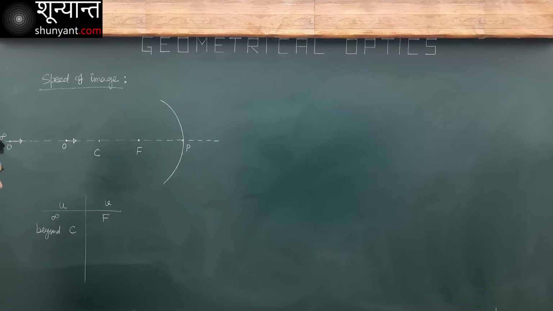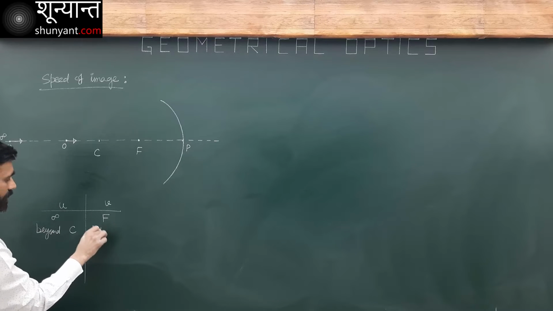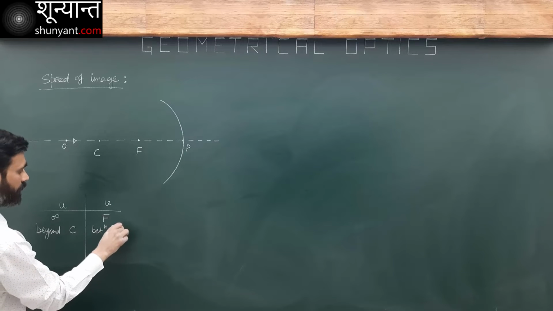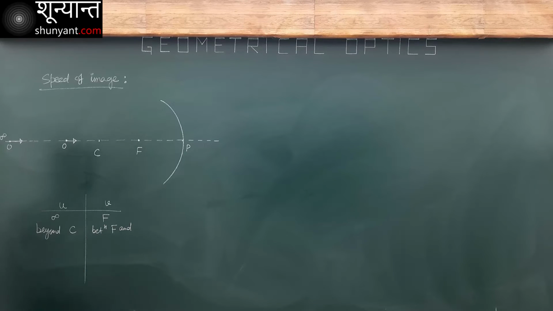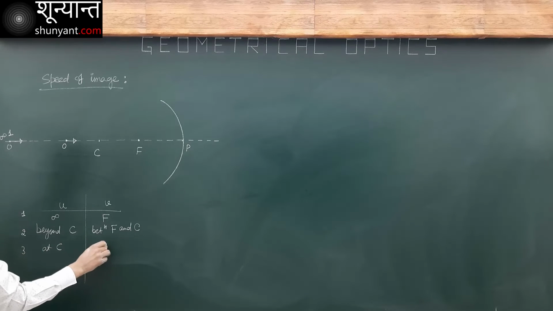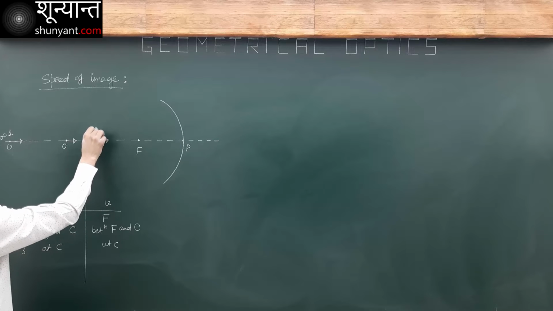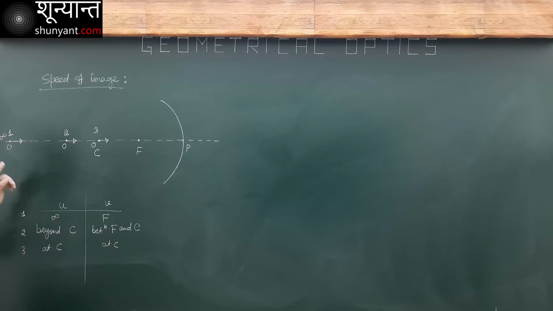From the property we know that the image is between F and C. This is the first case. This is the second case. Third case, at C, image at C. Object here, third case, second case, first case. Let's compare these cases.